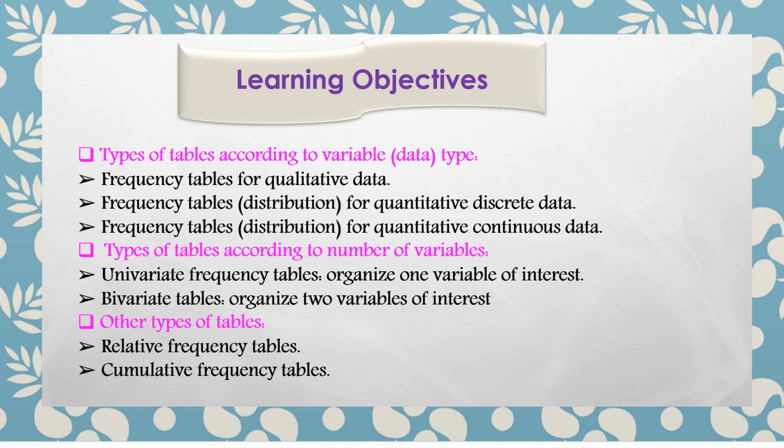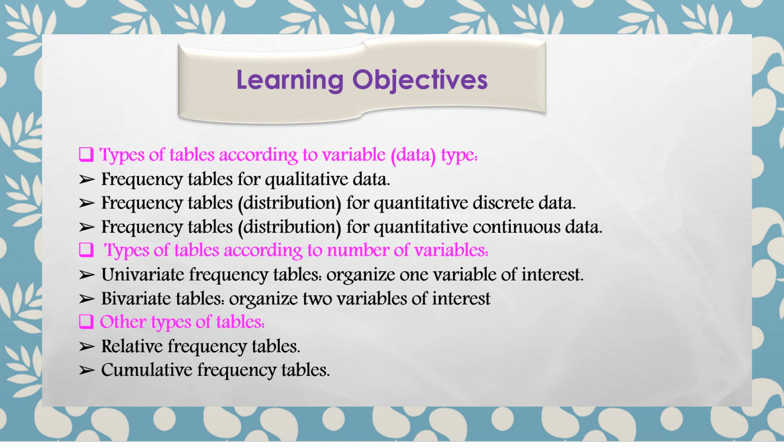And we have two types of variables, qualitative variable and quantitative variable. In section 3, we already learned how to build the frequency table for the qualitative variable, either nominal or ordinal. And in this section, we will learn how to prepare a frequency table for a quantitative discrete variable.